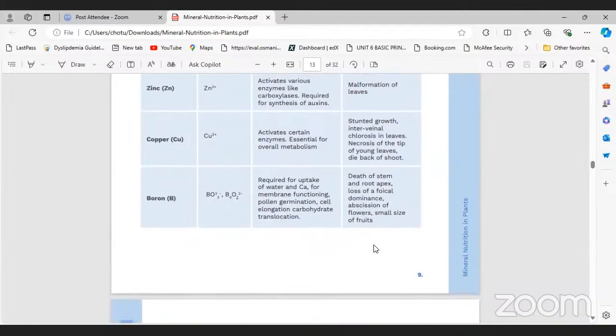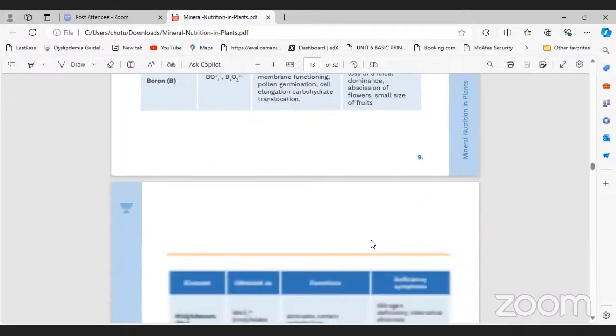Next, boron. Boron is required for uptake of water and calcium, for membrane functioning, pollen germination, cell elongation, and carbohydrate translocation. In case of deficiency, there is death of stem and root apex, loss of apical dominance, abscission of flowers, and small size of fruits.